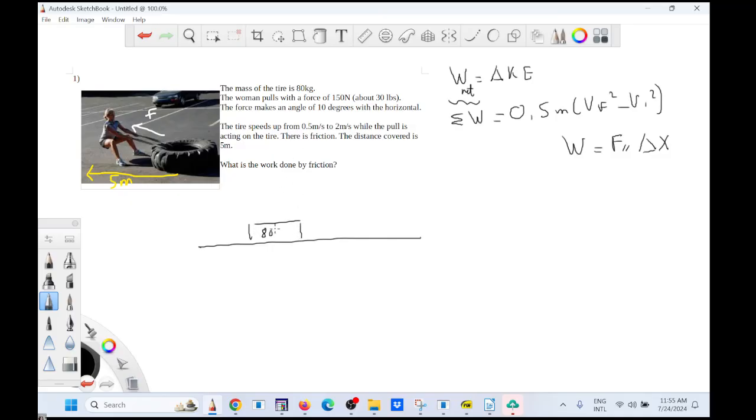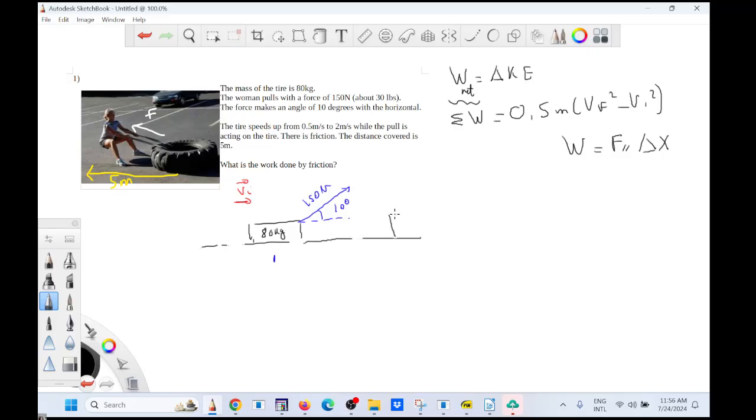So we have an 80 kilogram tire. So it's a special fitness tire, I guess. And someone is pulling on that. The force here is 150 Newton. The angle here is 10 degrees. And you see here it was already moving, so it has some speed to begin with. And it must be a net force.